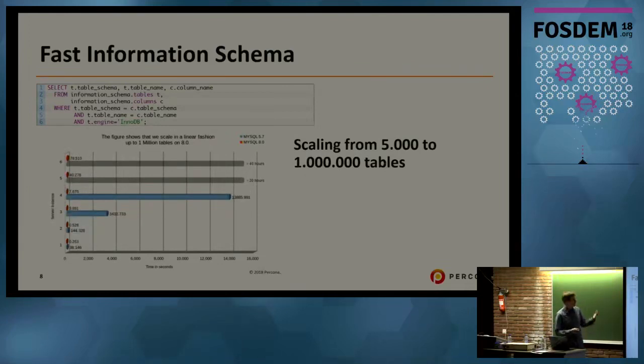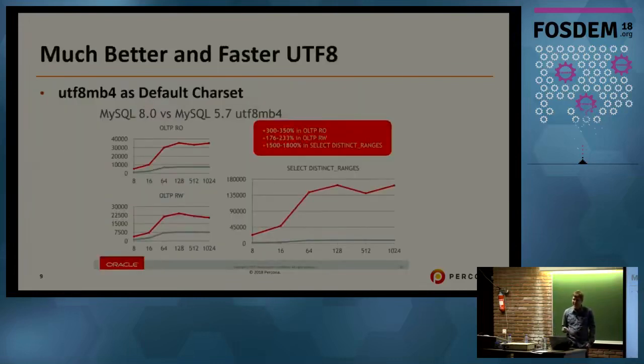Now MySQL 8 is able to handle that quite efficiently. And even if you have a million tables, well, it would take a little bit of time, but 78 seconds, that's still usable, right? With such a large amount of tables.